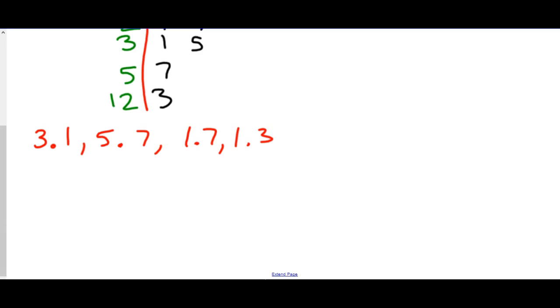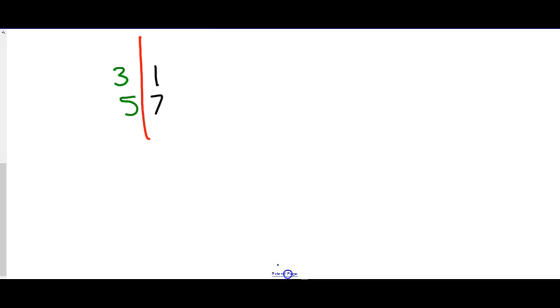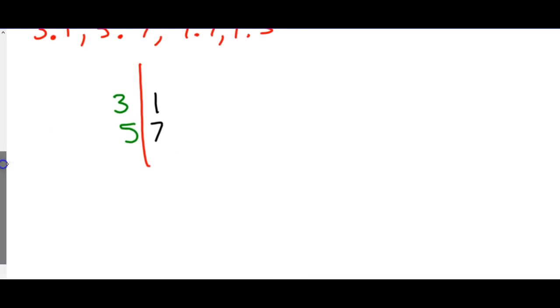If we did a stem and leaf plot again, we'd still put the 3 on the left and the 1 on the right for 3.1. And we'd still put the 5 on the left and the 7 on the right for 5.7. But what they would do is down below, and they'll tell you every time, they'll put the line, 3 then 1 means 3.1.